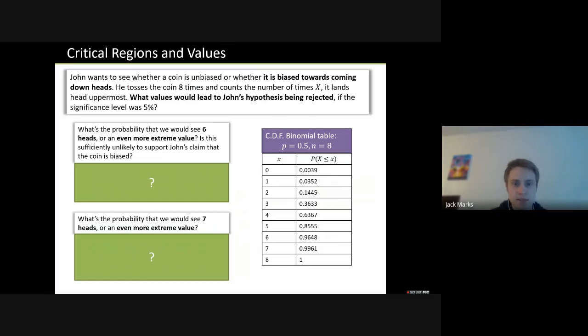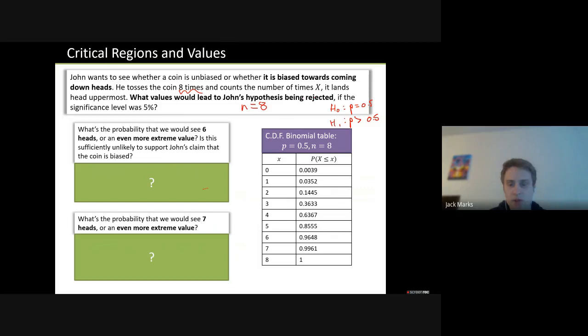So same situation again. H0: probability is 0.5. H1: probability is greater, because he says it's biased towards landing heads. He tosses the coin 8 times, so that's your 8. It means n equals 8, and counts the number of times that it lands heads.